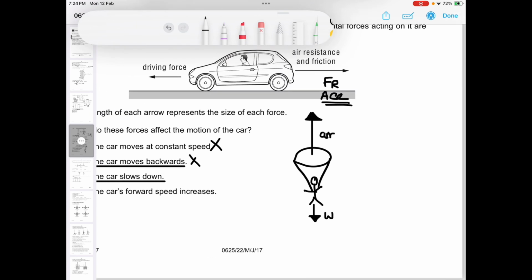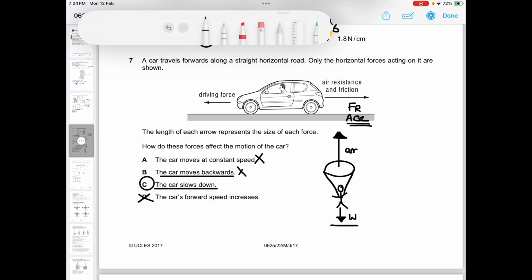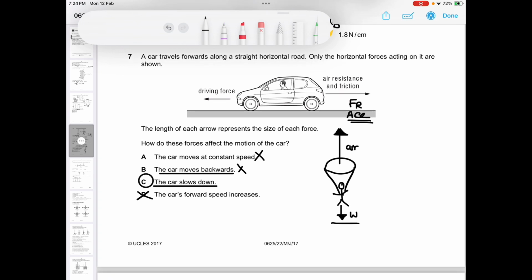The skydiver does not go up. It seems as if he's going up, but he does not. He's still moving down due to his weight. He can't go up. He is decelerating. He's slowing down. Okay, and this is exactly the same, but with a car instead.